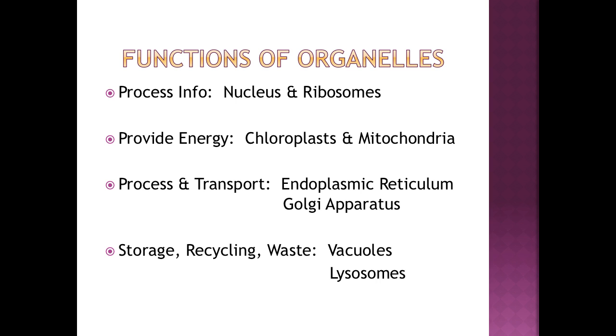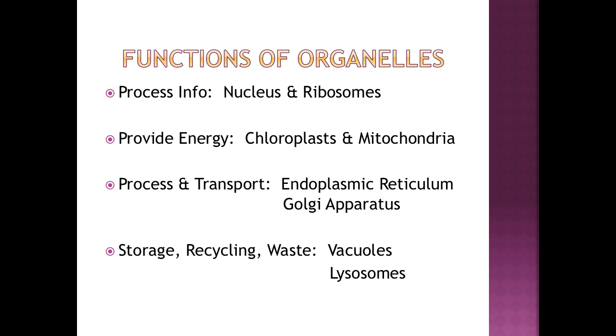Okay, the functions of the organelles. This is like a little cheat sheet, to help you remember what all of these organelles that we just discussed earlier do for the cell. So the organelles that are responsible for processing information for the cell include the nucleus and the ribosomes.